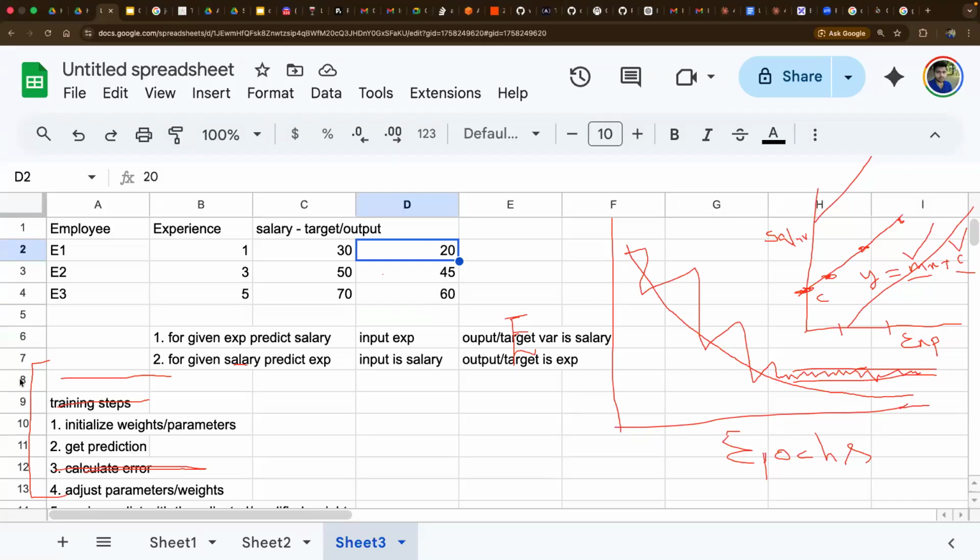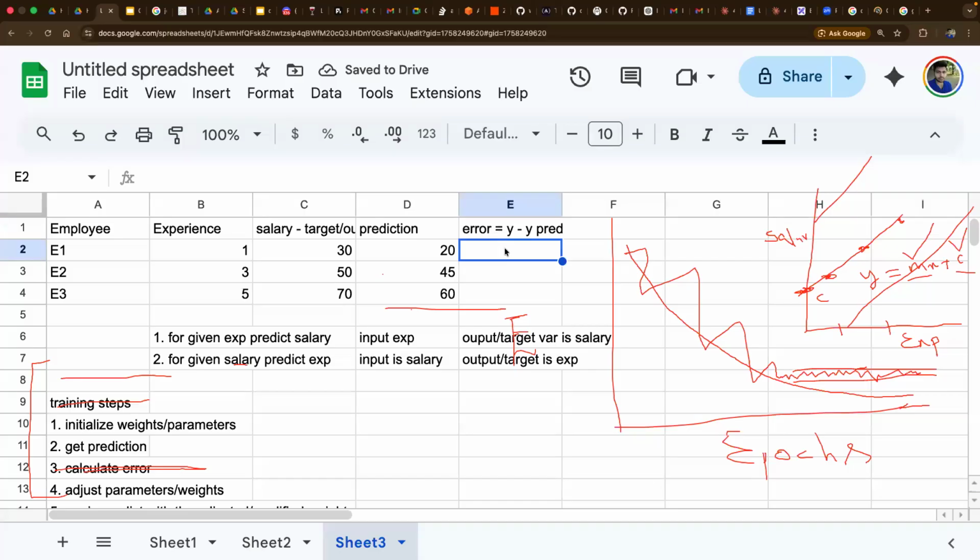Then what we do is we calculate the total error here. Sorry, we have not calculated the error yet. This is the prediction, right? And error, it is up to you. You can consider y actual minus y pred, or y pred minus y actual, anything. But usually people consider it as y actual minus y pred.